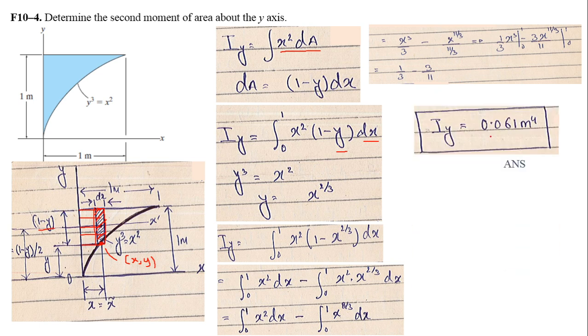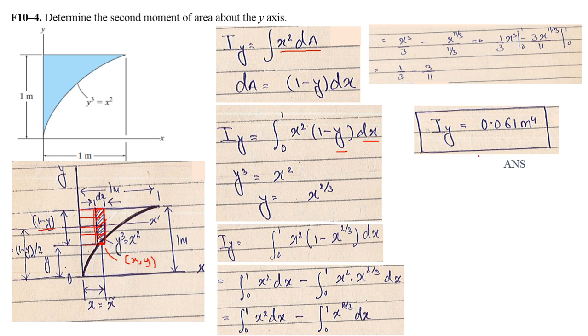So Iy is 0.061 meter square. So the integration and the problem reduce to a very simple one if you have cleverly selected the strip. Okay, so we have the value of Iy, which is 0.061 meter square.